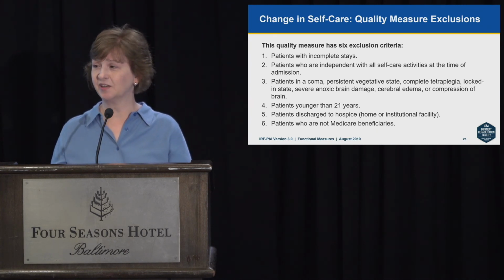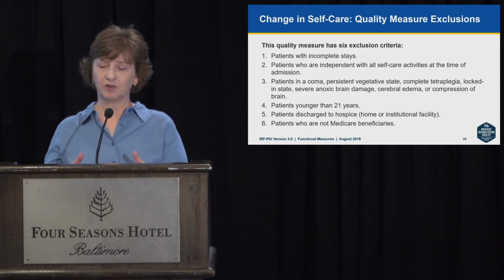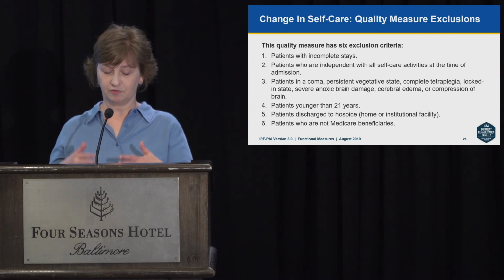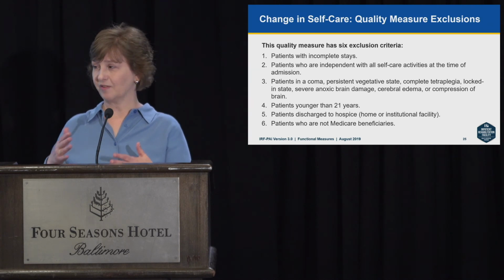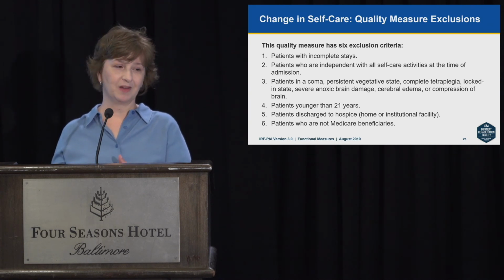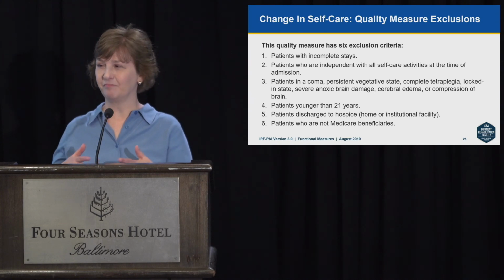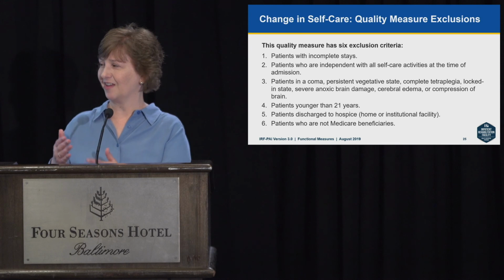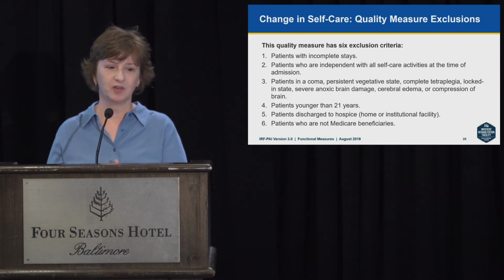The idea here is that in general, somebody may be admitted into an IRF, and perhaps during the stay, something is discovered or something worsens that wasn't expected, and so that person ends up being discharged to hospice. So probably functional improvement may have been a goal on admission, but maybe during the stay something happened that's no longer a goal, and so those individuals are excluded.